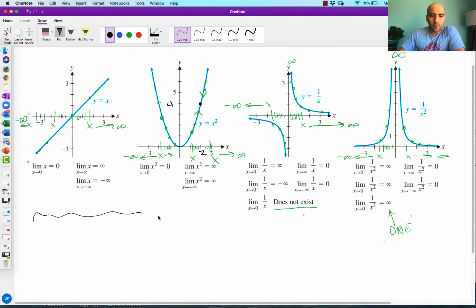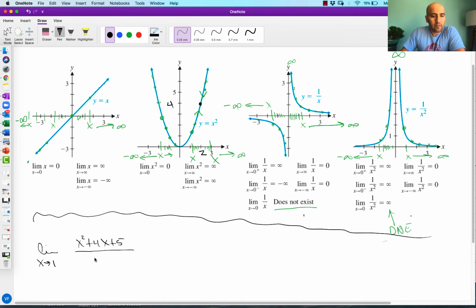For example, back in Chapter 2, we might have been asked to find something like this. What is the limit as x approaches 1 of x squared plus 4x minus 5 divided by x minus 1?